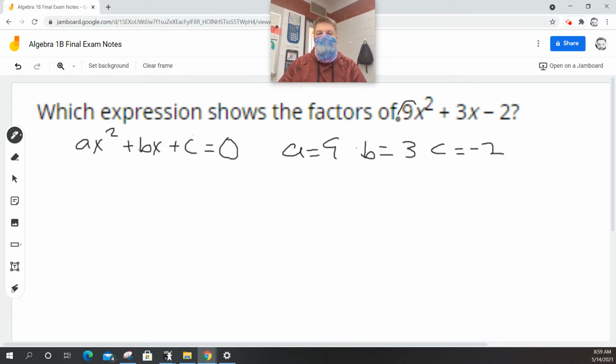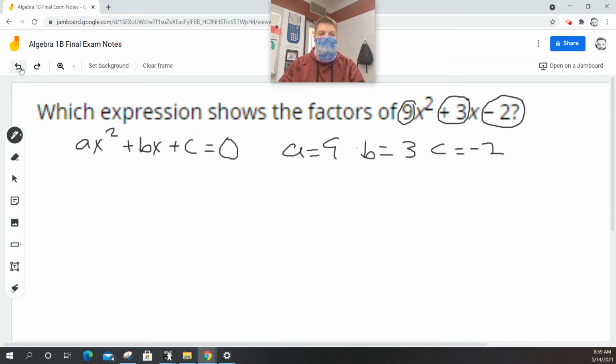We're only focusing on the coefficients, or the constant in this case. And it has to be in this order. In other words, a is the number in front of x squared, b is the number in front of x, and c is the number that's all by itself. No x's, okay?